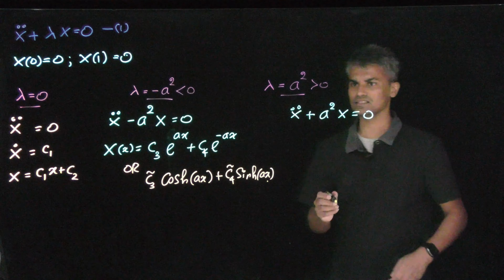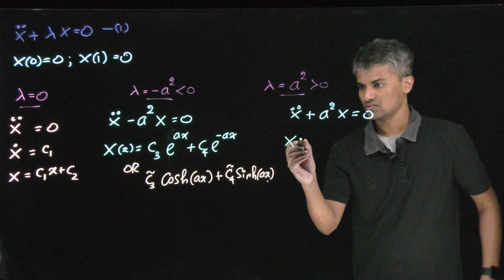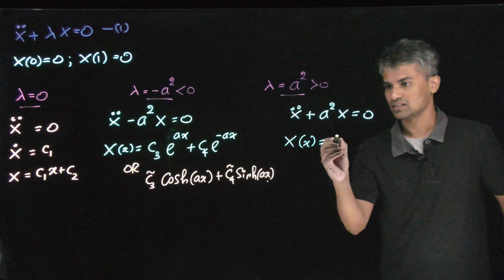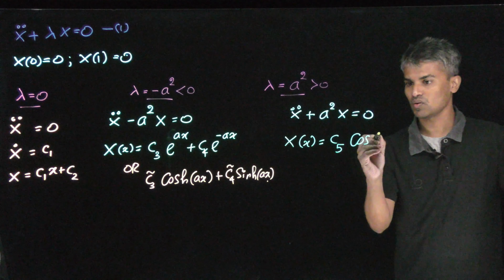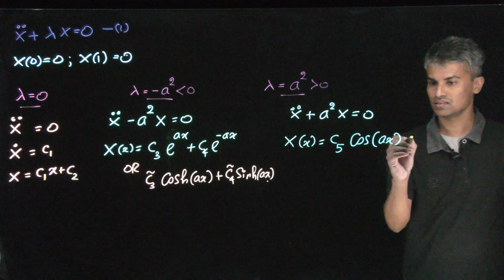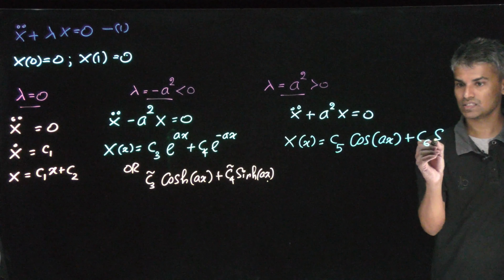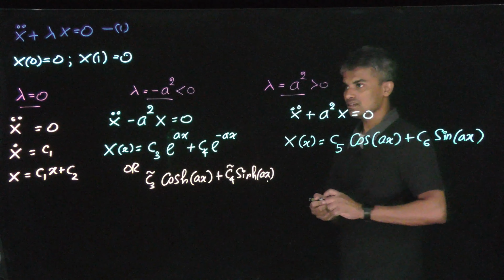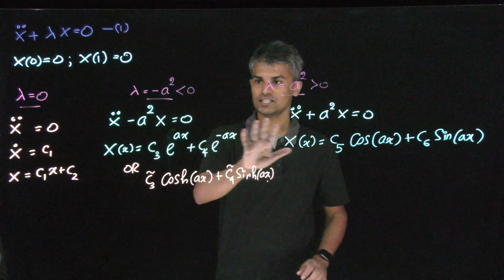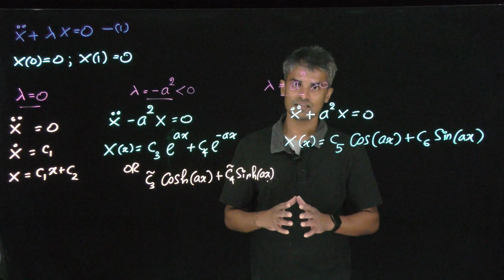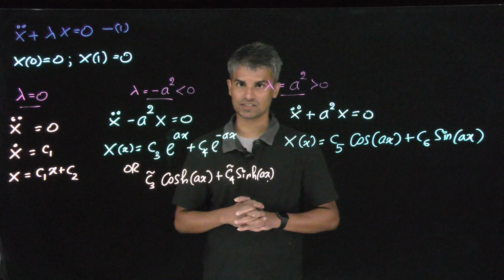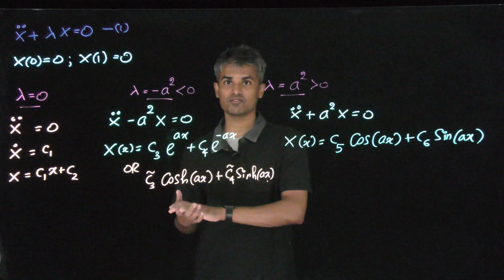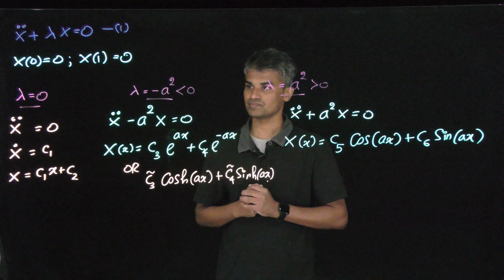Now if you solve this, we get big X of x equals c5 times cosine ax plus c6 times sine of ax. Again, all these differential equations are second order constant coefficient differential equations that we can solve using the techniques that we learned from the first part of the ordinary differential equation course.